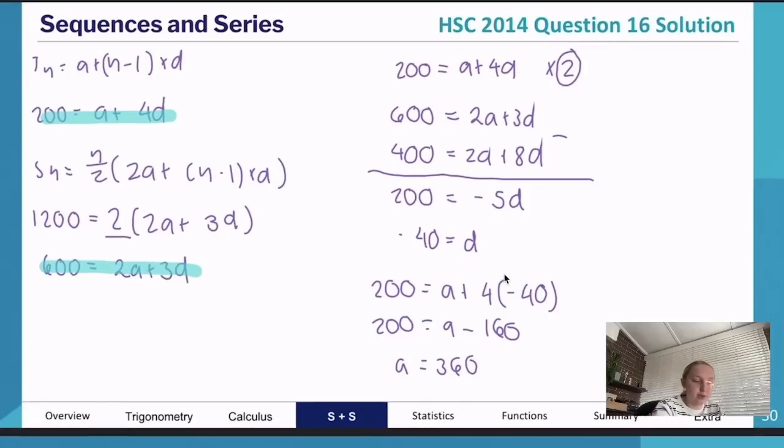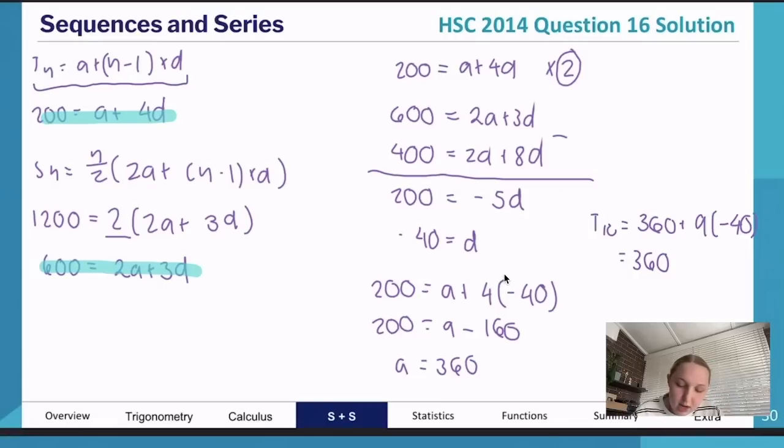Okay, so then we can use all of that back in our first formula to find the value of the 10th term. T10 is equal to 360 plus 9 times minus 40. 9 times minus 40 is minus 360.